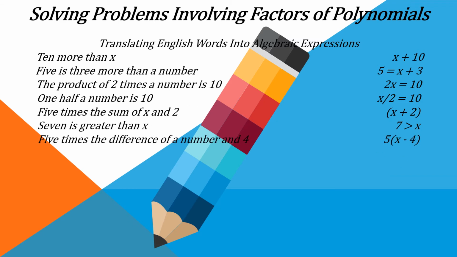5 times the difference of a number and 4. This time, the number in a bracket is subtraction and multiplied by 5.